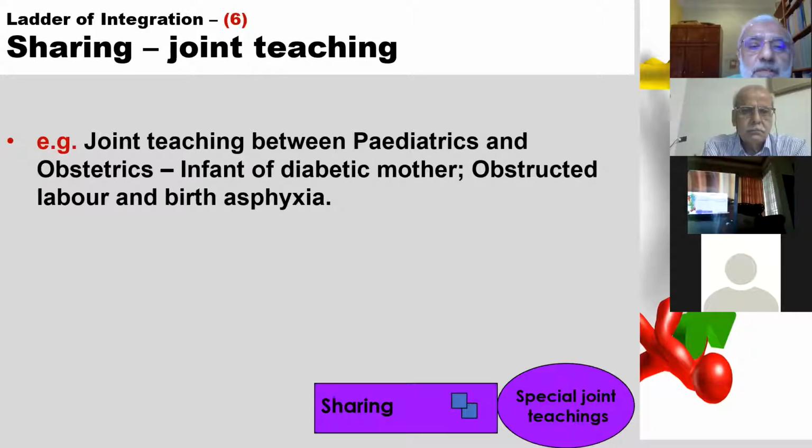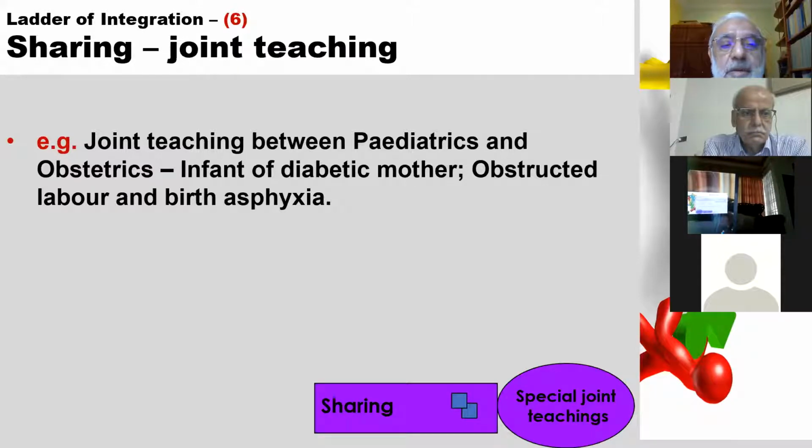For example, a joint session between pediatrics and obstetrics, talking about infant of diabetic mother, whereas the obstetrics would be talking about the diabetes in a pregnant lady, and the pediatrics would be talking about the infant of the diabetic mother and its complications.